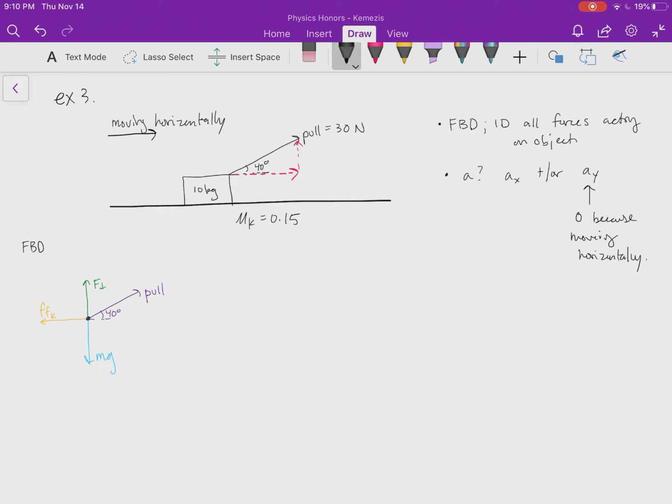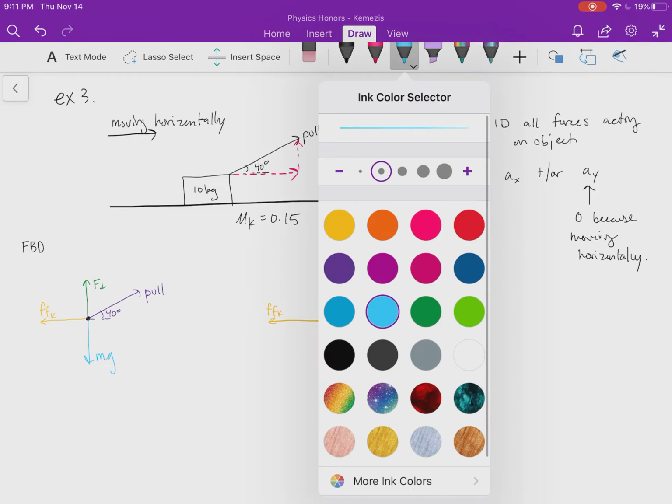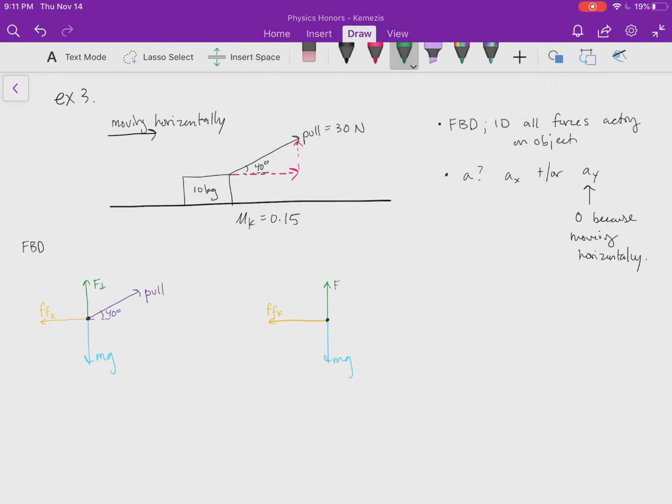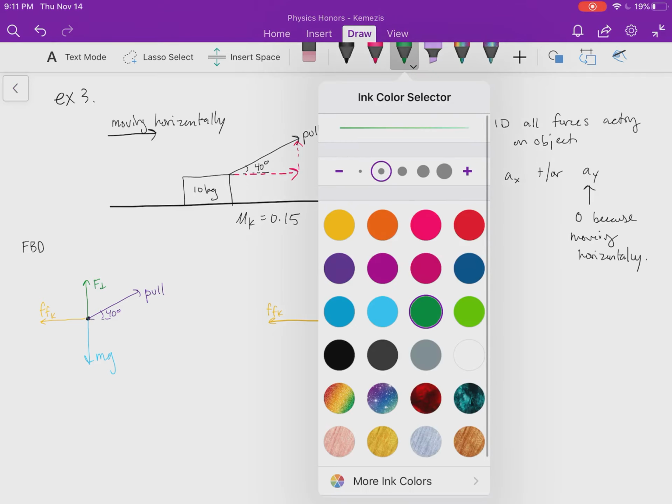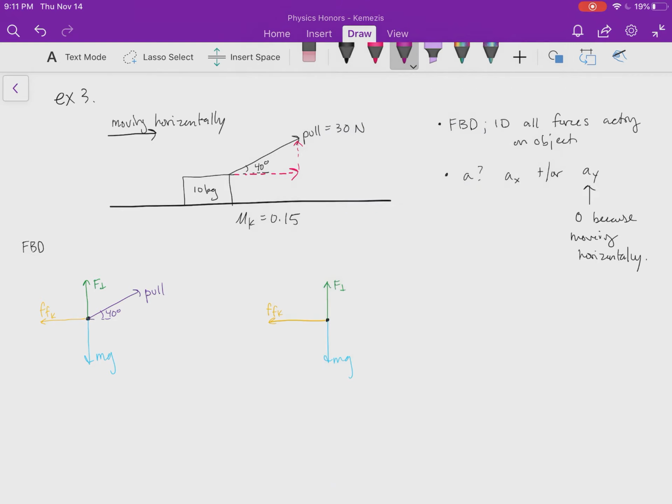But another way that I like to represent this free body diagram, because we really just work in the x and the y, is to draw all of these vectors again, but to really emphasize that this pull force, if we go back to the original diagram, has some x component, we can call that pull x, and some y component.